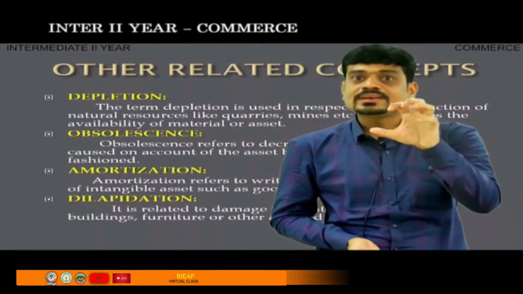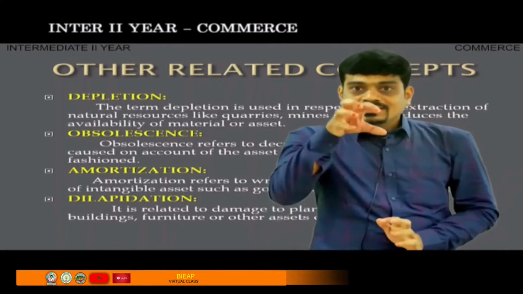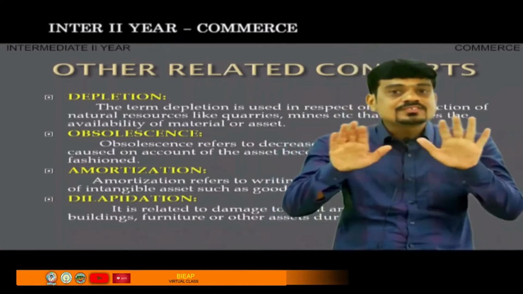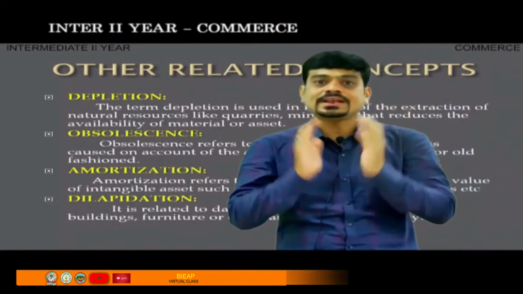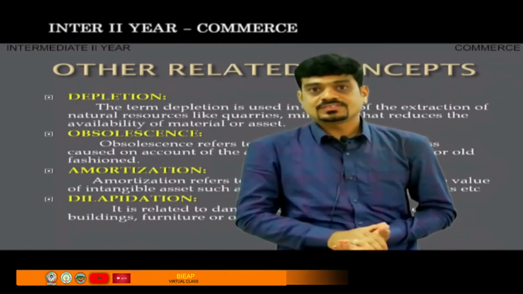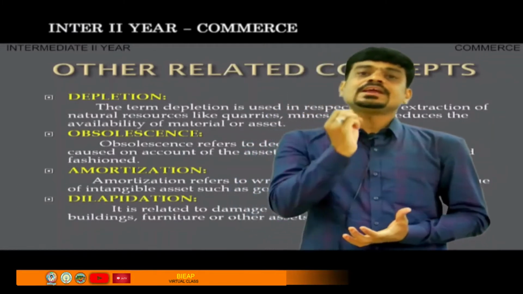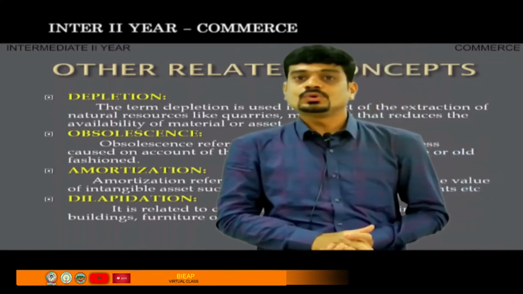They come into existence because of the operation of law. And these assets are not visible. You cannot see them. Goodwill you cannot see, patent you cannot see, copyrights you cannot see. But they help you to earn profits. And they are usually taken on the lease basis.